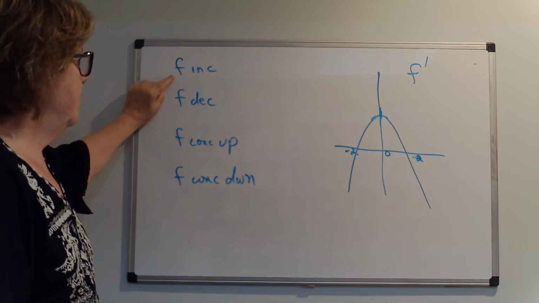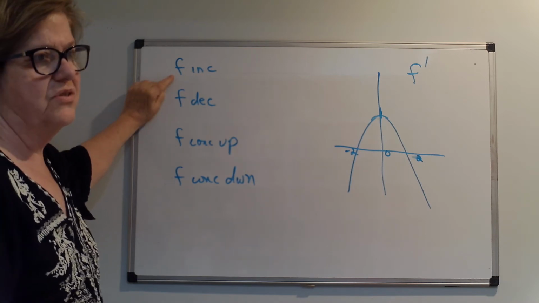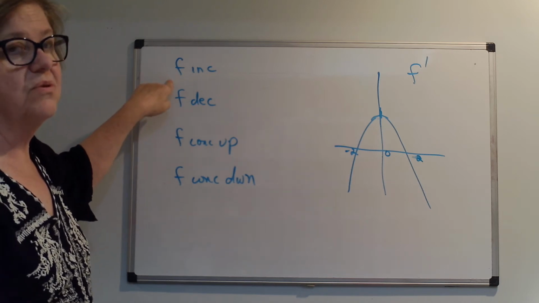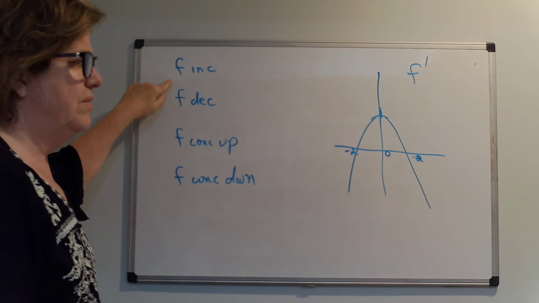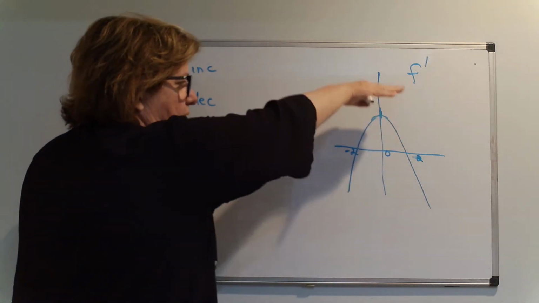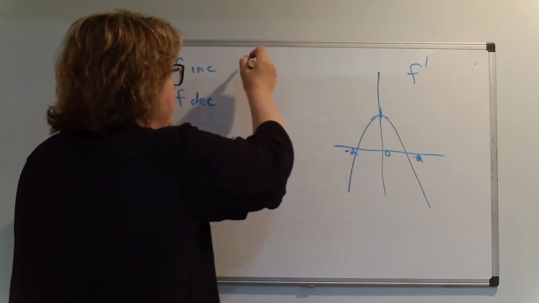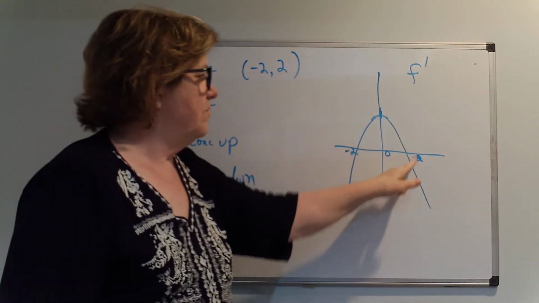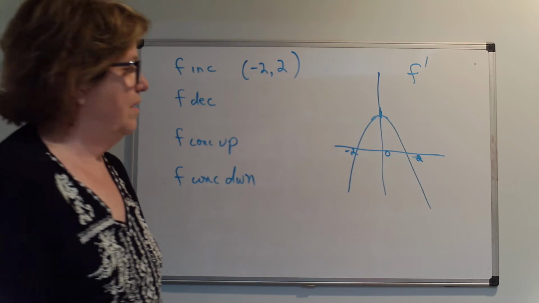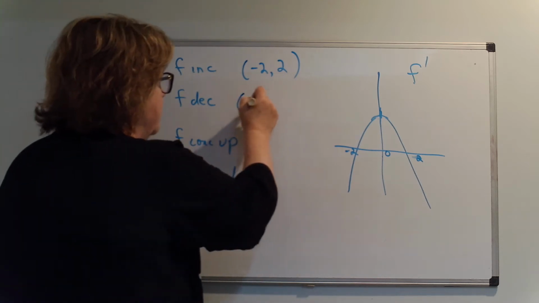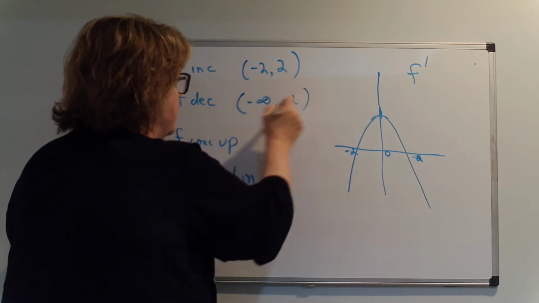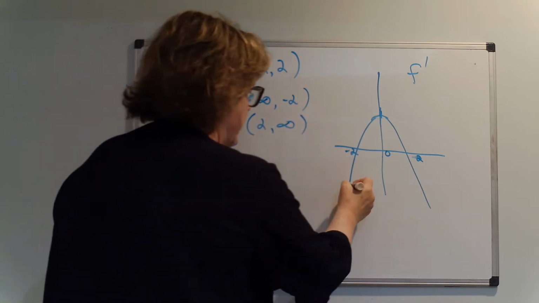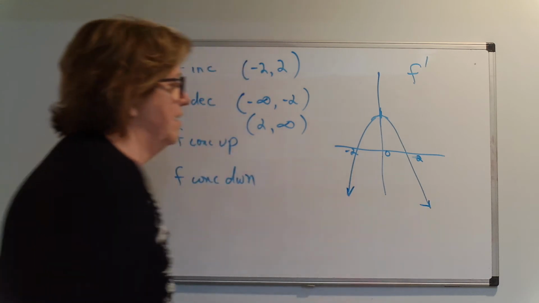Okay, so first we have to decide where the function is increasing. Well, the function is increasing where the derivative is positive. Where is the derivative positive? Above the x-axis, from negative 2 to 2. So the function is increasing from negative 2 to 2. The function is decreasing from negative infinity to negative 2 and 2 to infinity, if we assume that this continues down here.